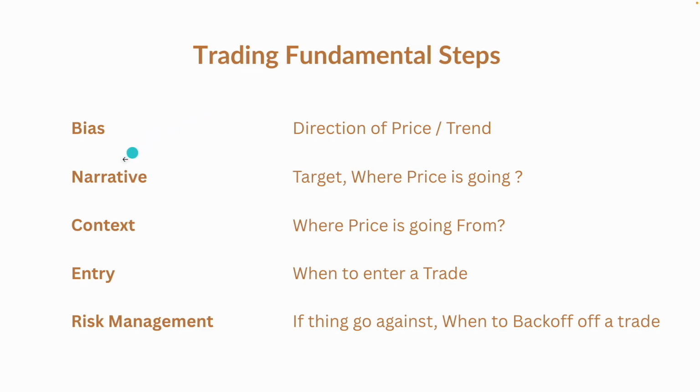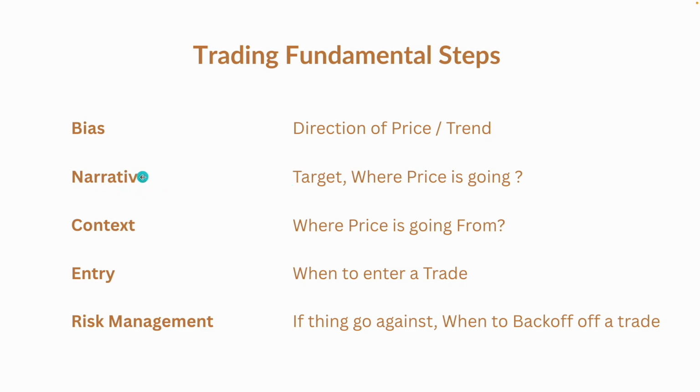The second most important step is narrative. What is the target? If we know the bias, where is price headed? Which premium array is it headed to if it is bullish, or which discount array is price headed for if it is bearish?